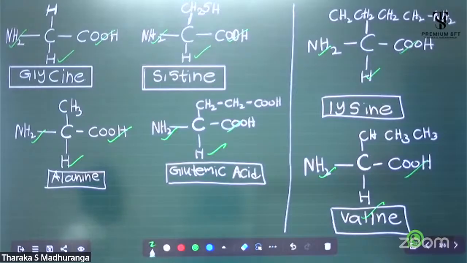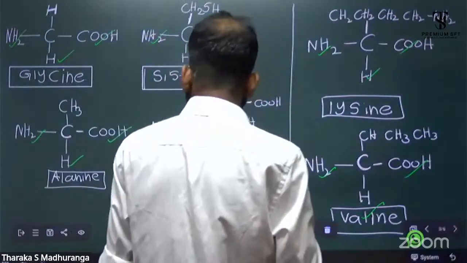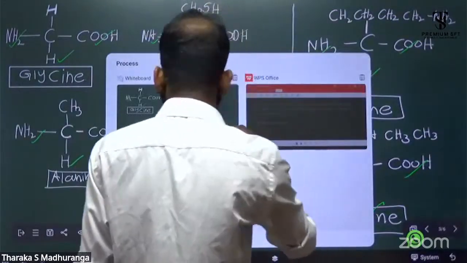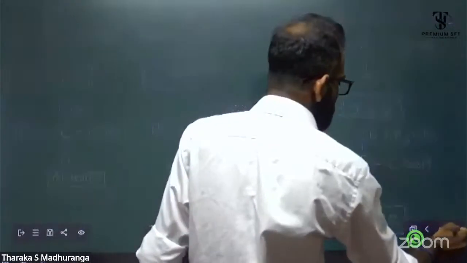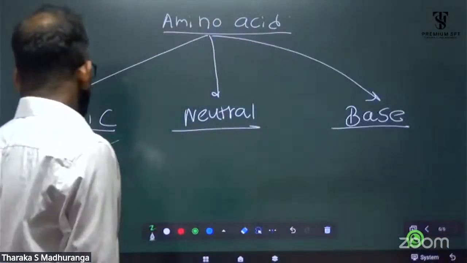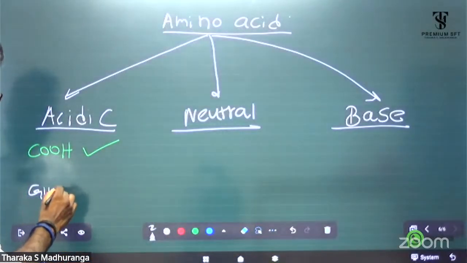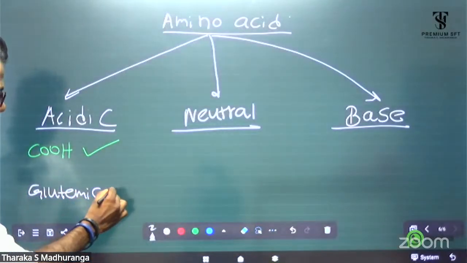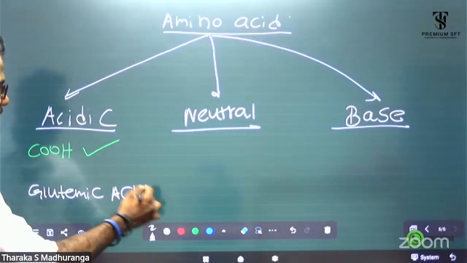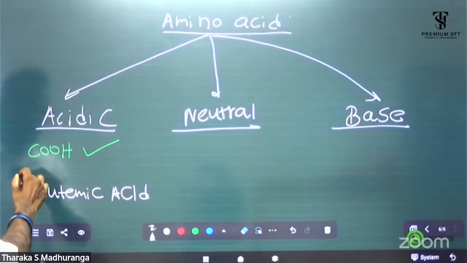Yes, glutamic acid. The name is also given. Yes, glutamic acid is acidic. Glutamic acid is an acidic amino acid.